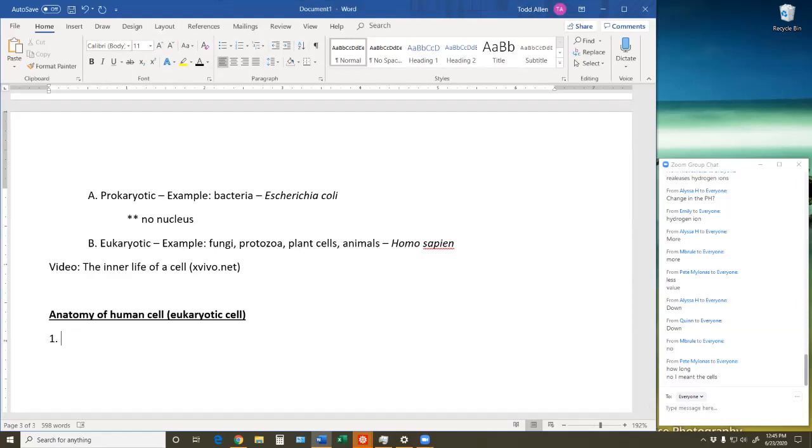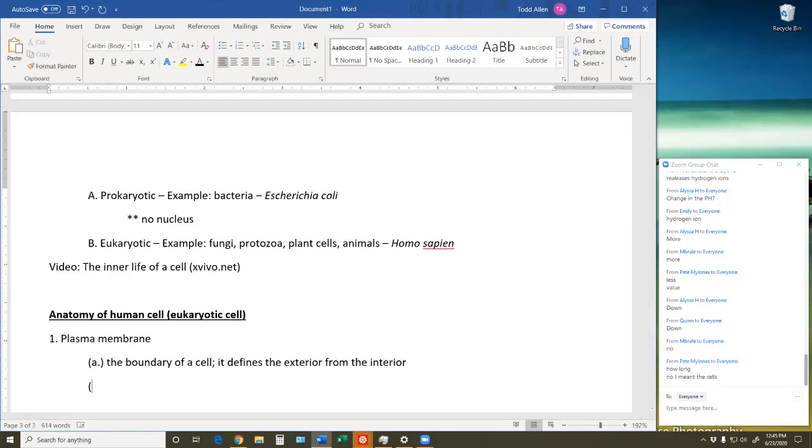And so let's start with plasma membrane. The plasma membrane is the boundary of a cell. It defines the exterior from the interior.